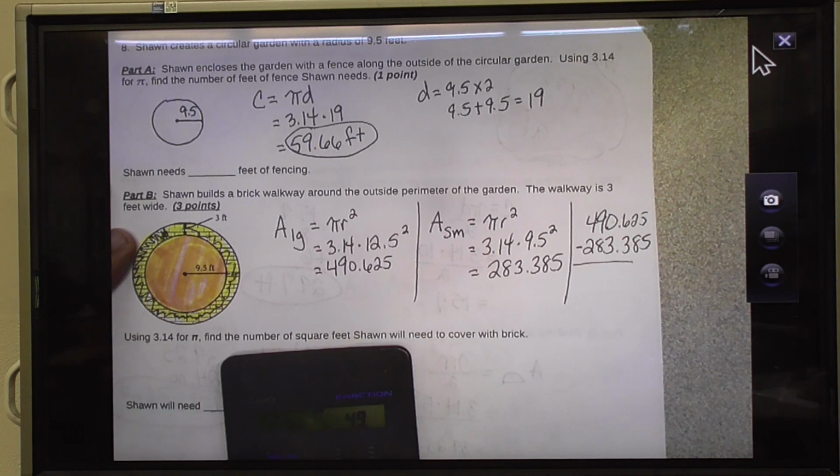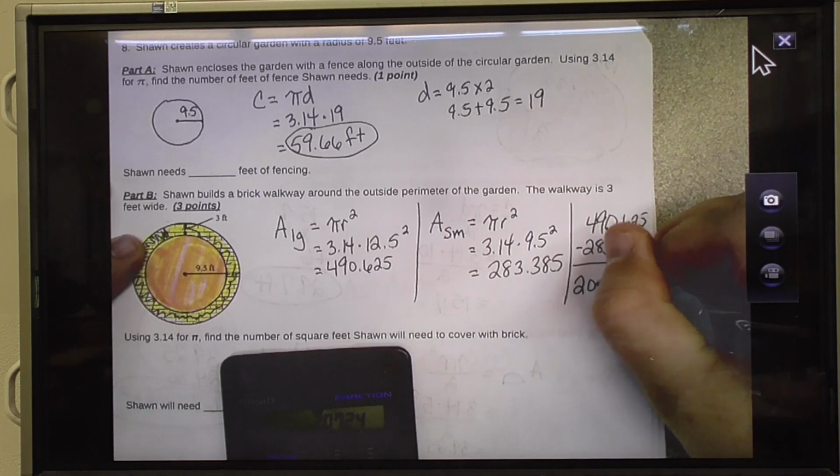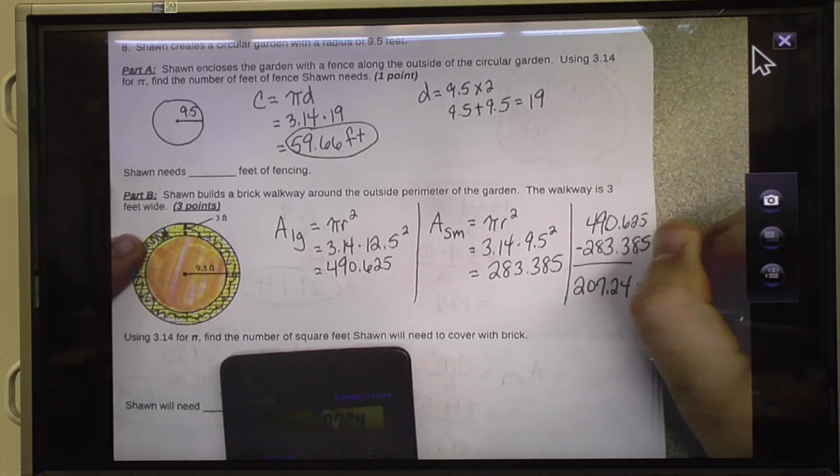So 490.625 minus 283.385, and I get the amount of bricks that we have is 207.24 square feet, or feet squared.